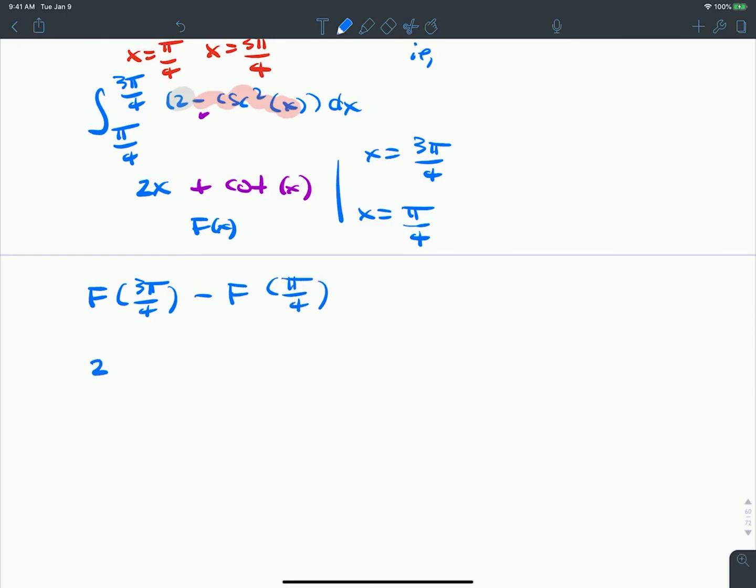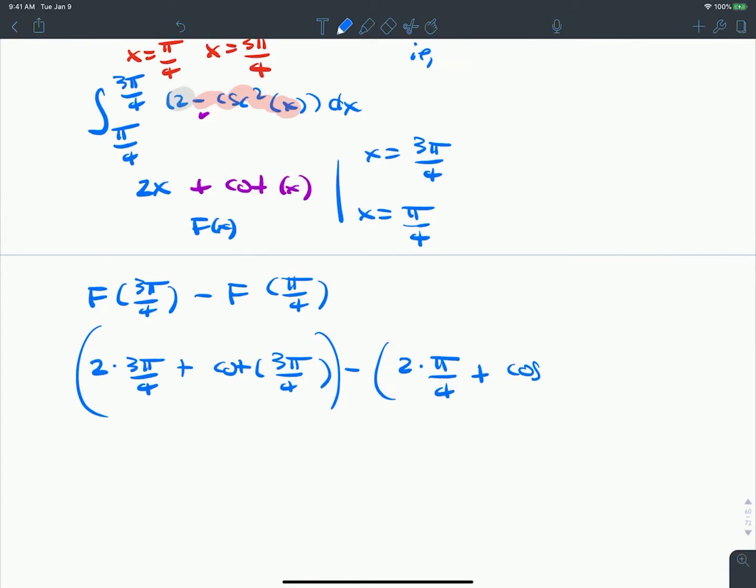So that's going to be 2 times 3 pi over 4 plus cotangent of 3 pi over 4 minus 2 times pi over 4 plus cotangent of pi over 4.